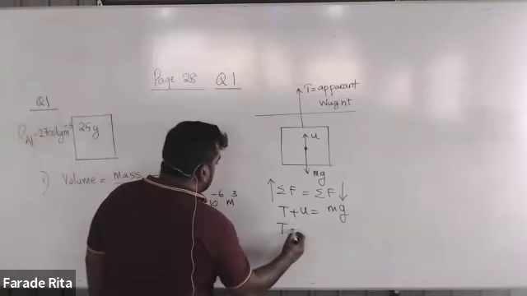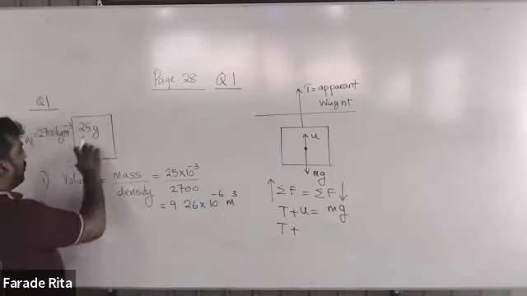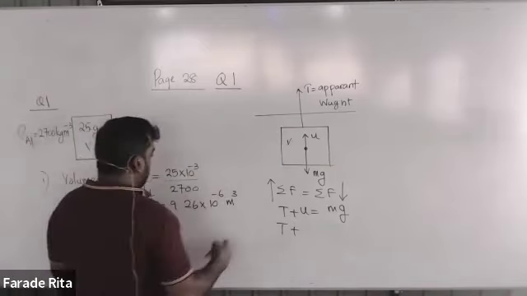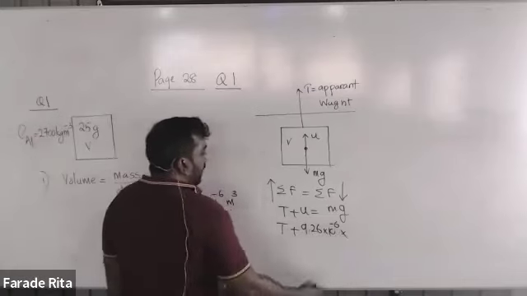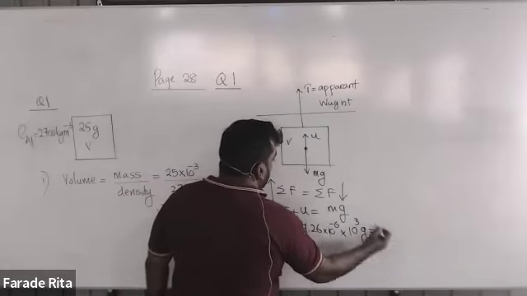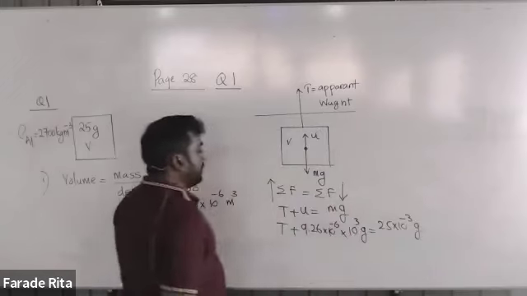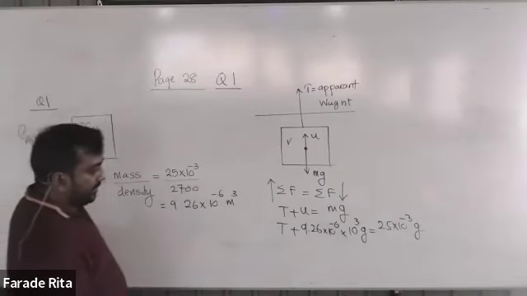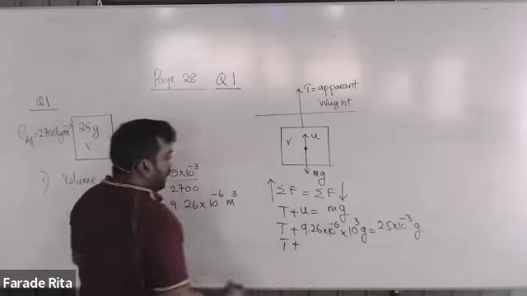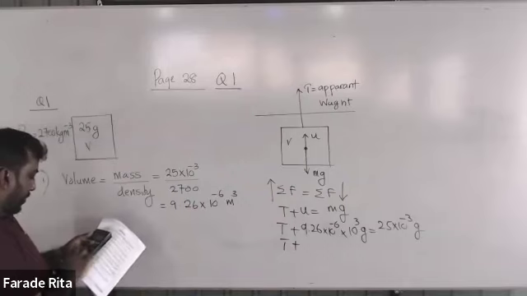So tension plus upthrust. How do you find the upthrust? Submerged volume. This complete volume is submerged. Submerged volume 9.26 times 10 to the power minus 6, density of water 1000, into g. Mass is 25 grams, convert to kilograms, into g. Now simplify this.